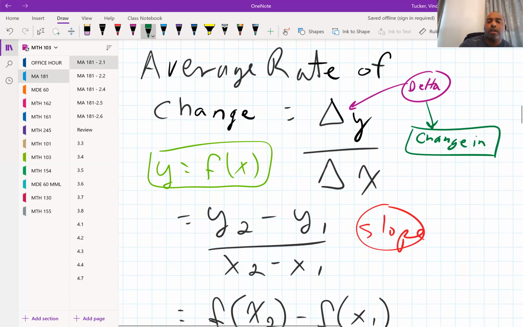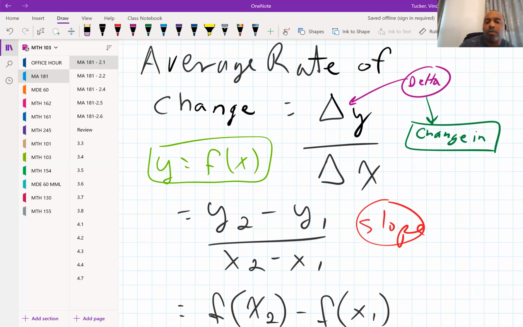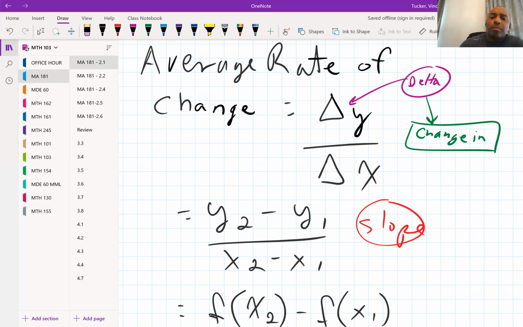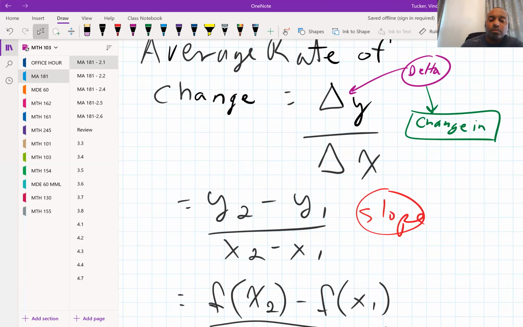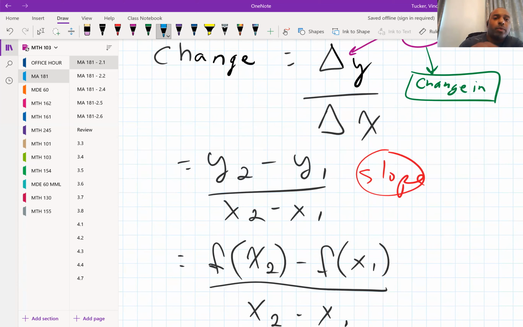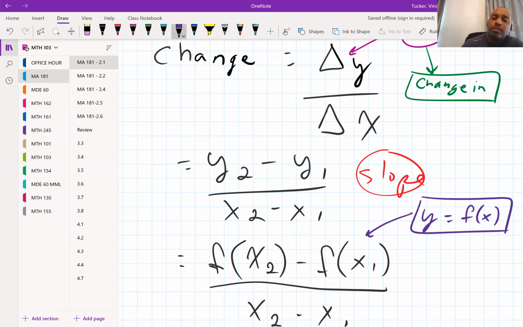I don't know why I wrote this stuff so sloppily, but like I said, I was just getting used to writing on this screen. The change in y over the change in x is going to be y2 minus y1 over x2 minus x1. That's also a way of writing it. y and f of x are the same, so don't forget function notation.